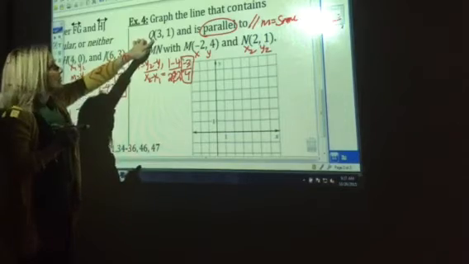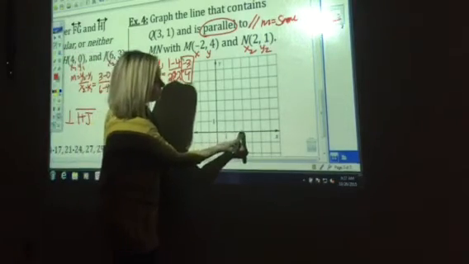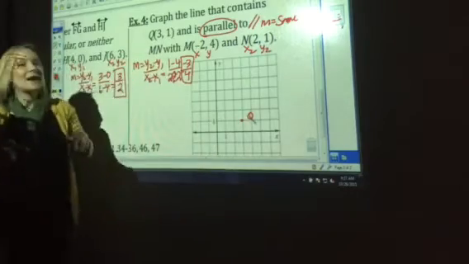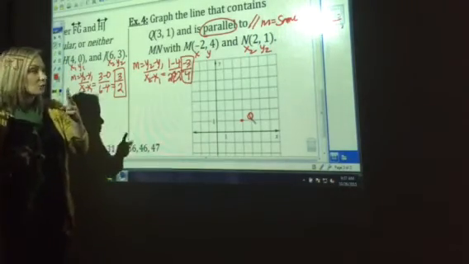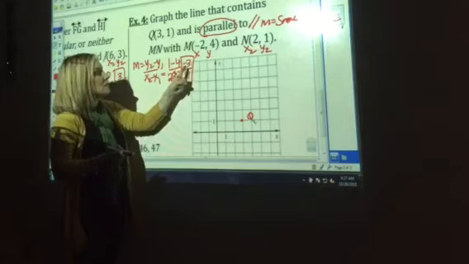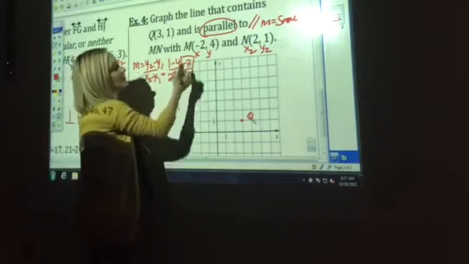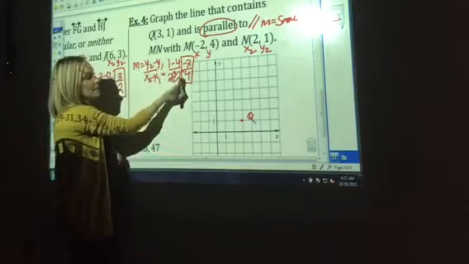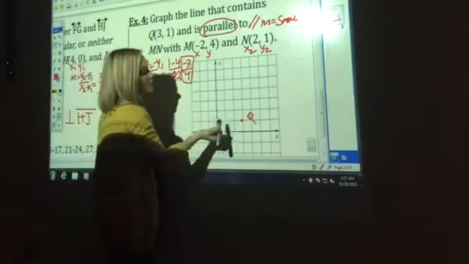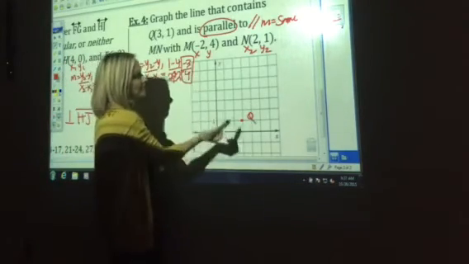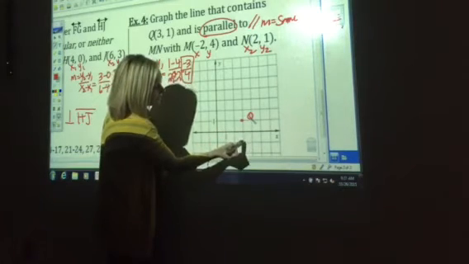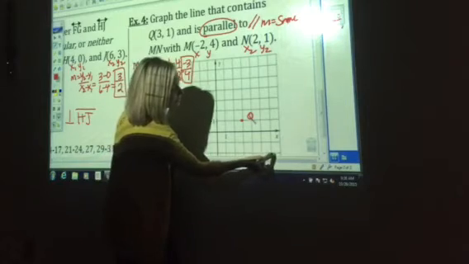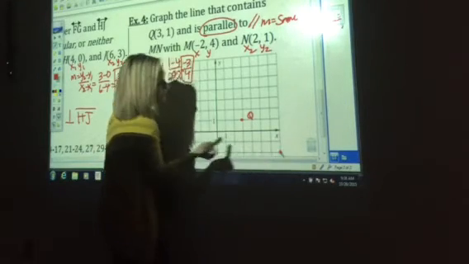It's going to go through the point 3, 1, so 1, 2, 3, up 1 is the point Q, okay? If you're going to graph a line with this, I need 2 other points on that line. So -3, 4, remember the numerator tells me up or down, and the denominator tells me right or left, okay? So I can go down 3, 1, 2, 3, and to the right 4, 1, 2, 3, 4, to give me 1 more point.